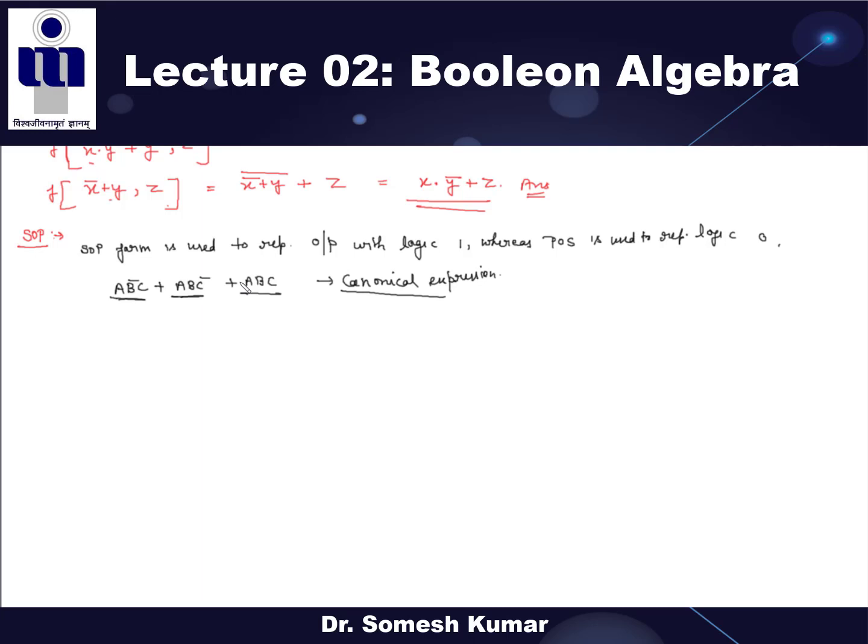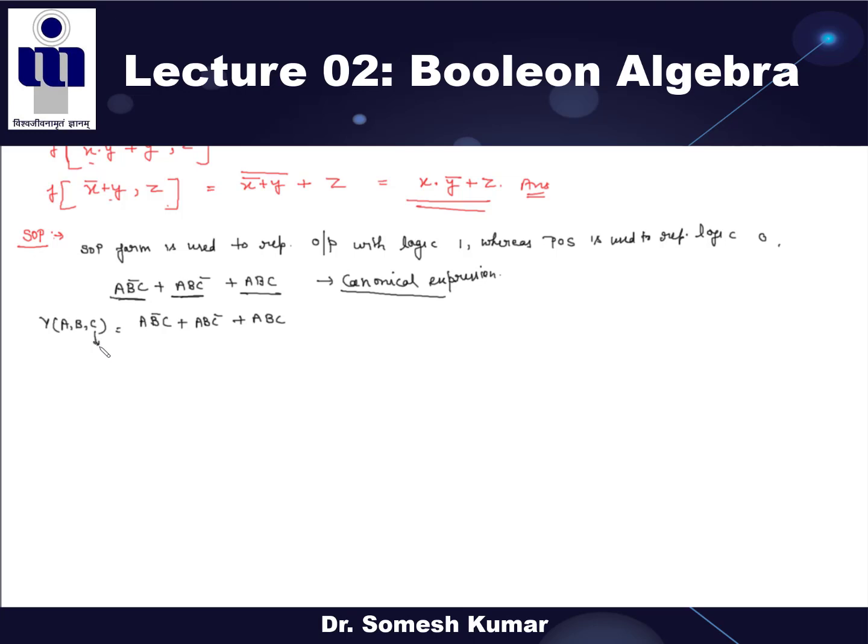Clear? Right? So now there is one function y(a, b, c), and it is given the same, a b c bar. Y is a function of the variables a, b, c. Now generally which one do we take as LSB and which as MSB?